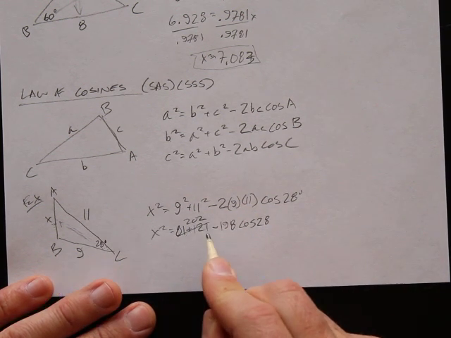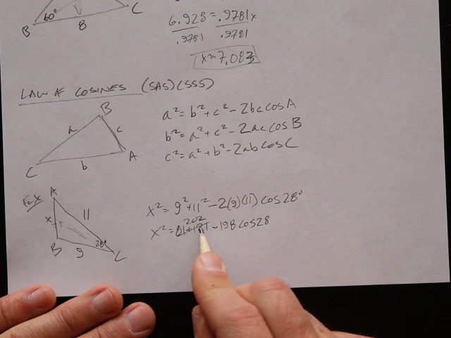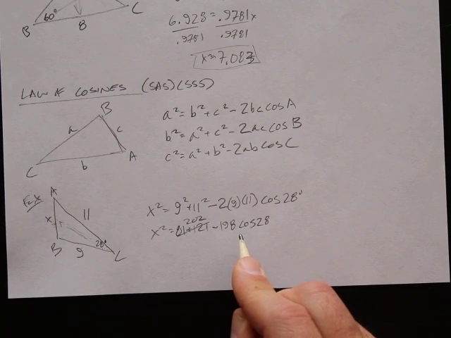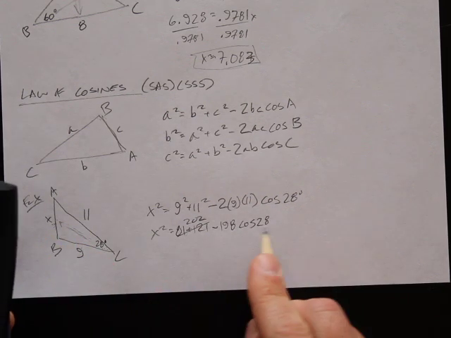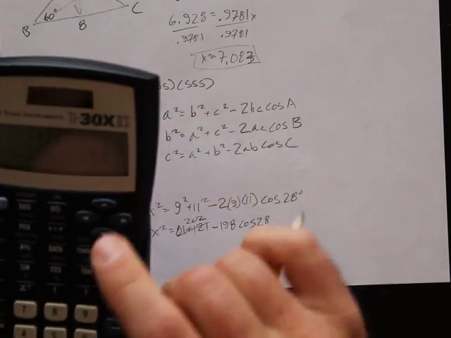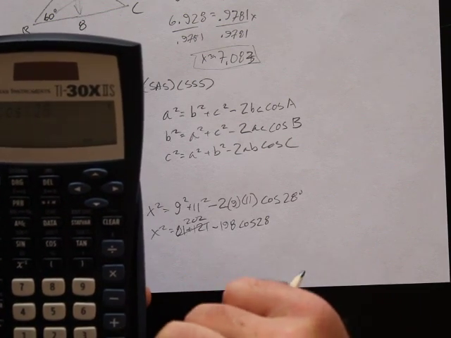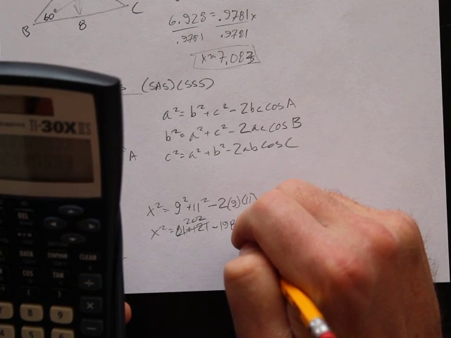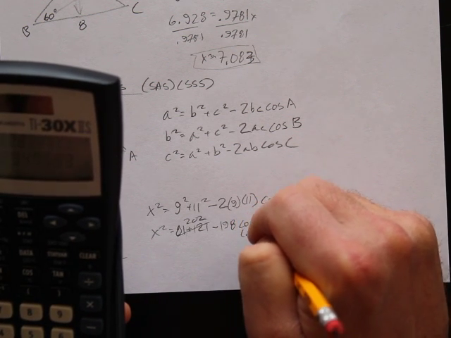Now I'm going to finish this. I guess I'm going to do all this mess now. Let's find the cosine of 28. That's 0.8829.